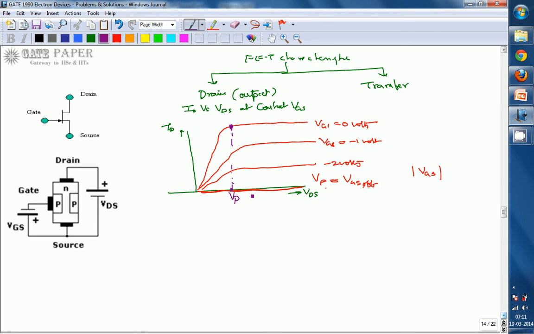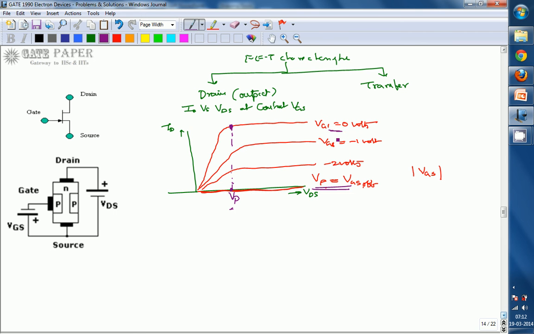This VP is only valid for VGS equal to 0. Manufacturer sheets don't mention this VP with respect to drain to source; they always mention VP with respect to gate to source voltage, because it doesn't have any limitation, whereas this has the limitation of VGS equal to 0.